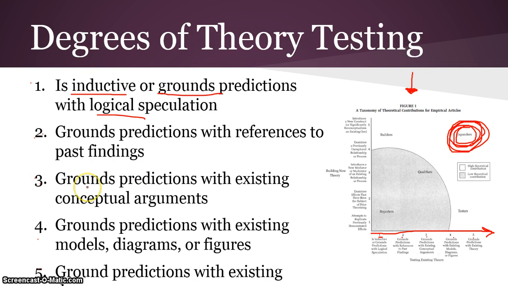A third degree would be grounding predictions with existing conceptual arguments. So actually taking some existing arguments and using them as part of that logic. Then grounding predictions with existing models, diagrams, or figures, and finally with existing theory. So if you can ground your predictions with the existing theory and then you can test that theory using data, you are theory testing. Congratulations.